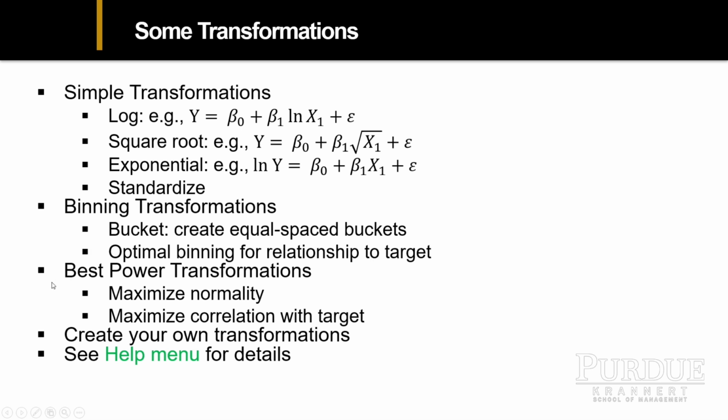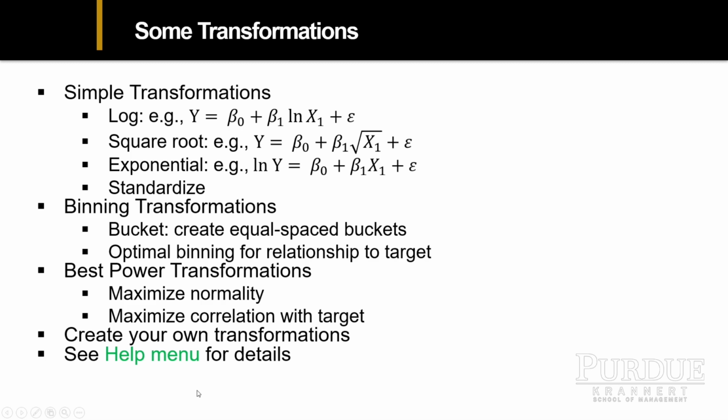And the third one is called best power transformation. Basically, you do a power transformation to maximize the normality of the data or maximize the correlation with the target. Then the machine will automatically figure out which transformation is the best for each variable. And you can also specify your own transformation manually.